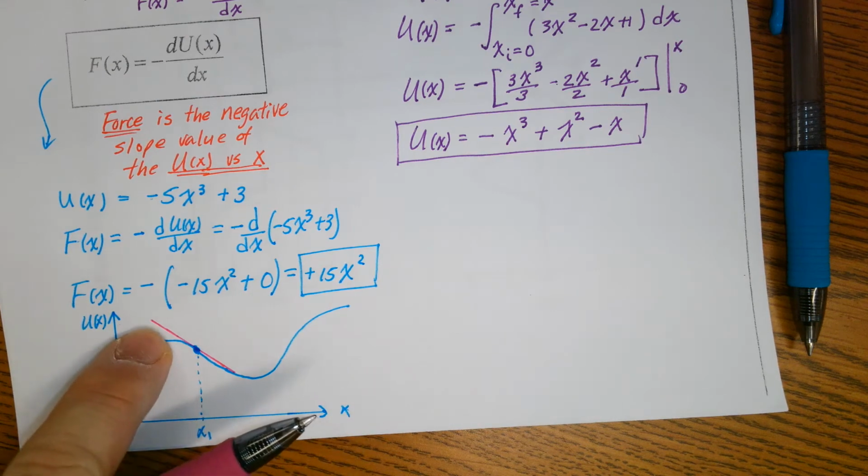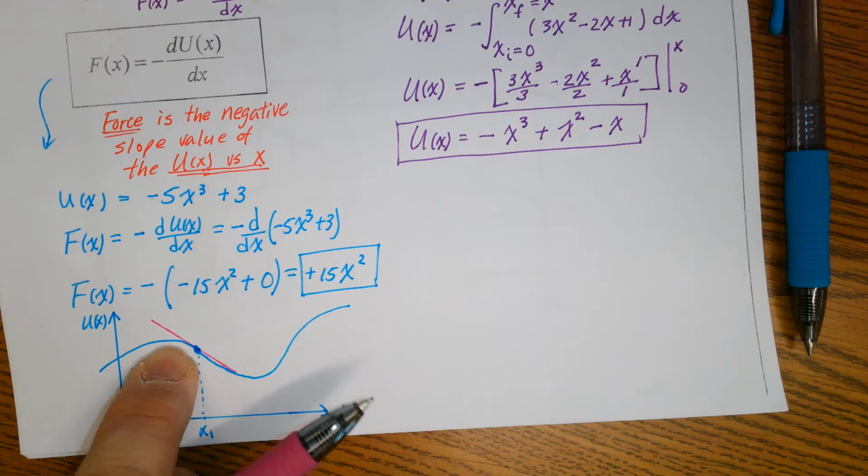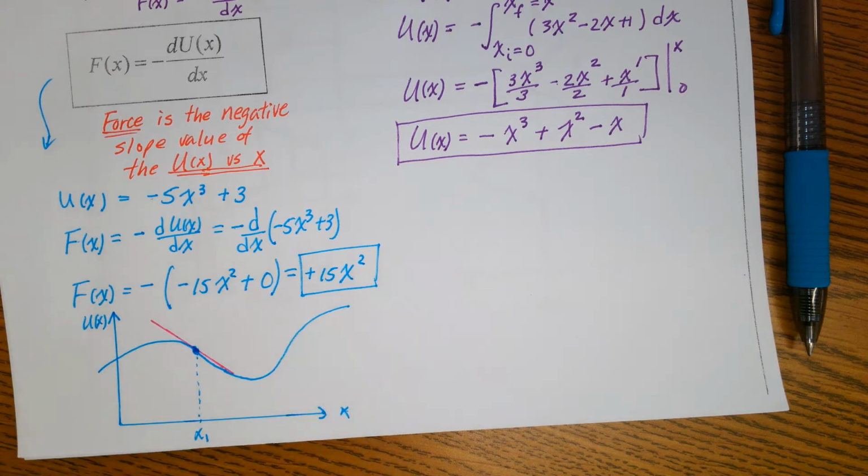Once I find this slope value, the negative of this value will be my force. Does that make sense?